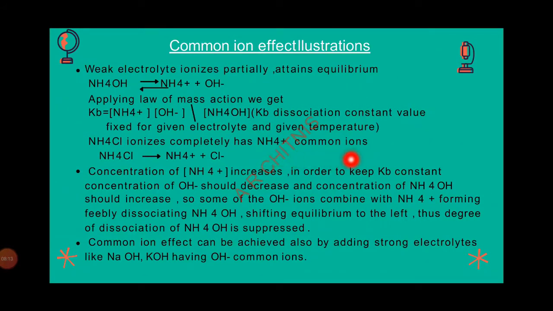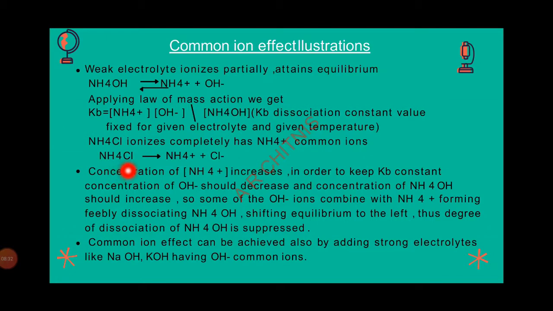NH4Cl ionizes completely, giving NH4 plus as common ions. So this is a strong electrolyte, completely it is going to ionize, giving rise to NH4 plus, which are the common ions to both. The concentration of NH4 plus increases.